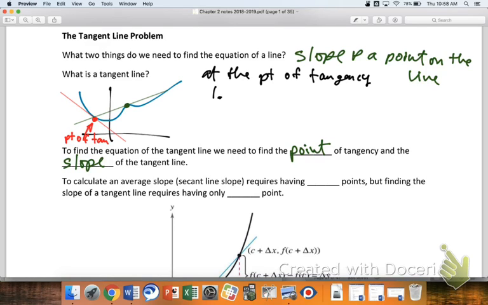Number one, xy for the line equals xy for the curve. So in other words, at the point of tangency only, the point on the line and the point on the curve are the exact same point. Because they intersect, right? Isn't that what intersection is? The line and the curve are occupying the same location at the same time.